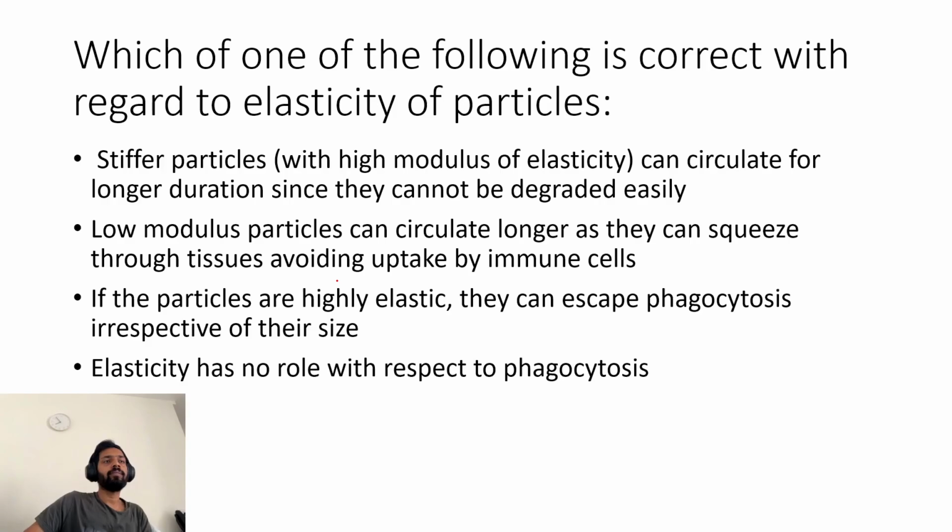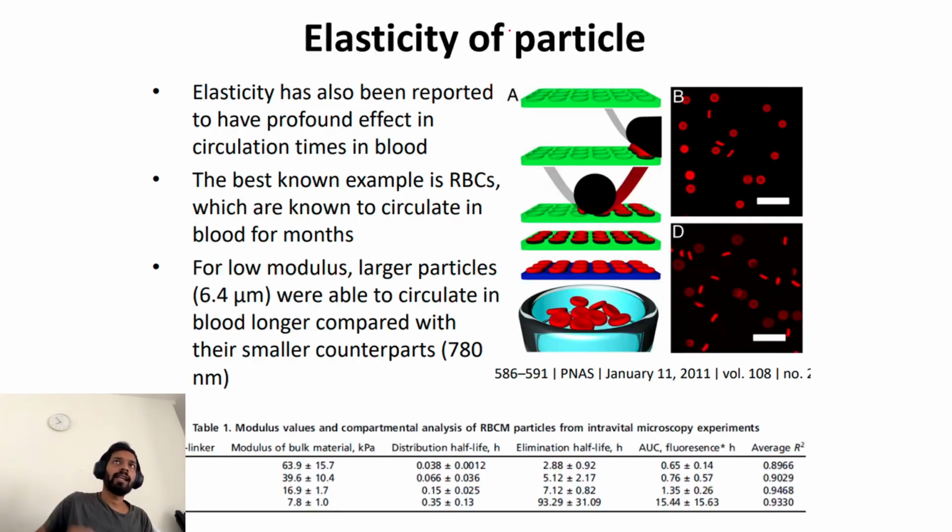Okay, so how does elasticity of a particle help in clearance, right? First of all, elasticity has been reported to have a profound effect in circulation times in blood. We all know RBCs circulate in blood for months, and that's owing to their low elastic modulus.